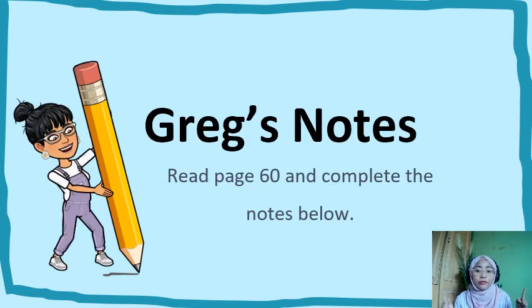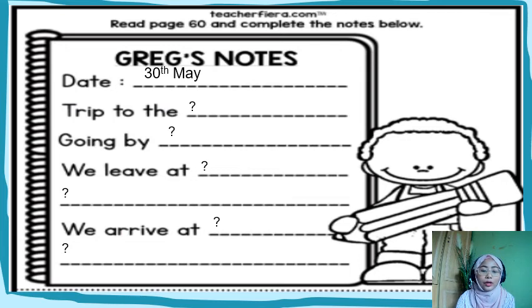Okay, now that you have learned about Greg and Mrs. Rama, I want you to complete the notes below. Are you ready? Let's look at this activity called Greg's Notes. I will send you the worksheet. Saya akan hantar kertas kerja tu kepada awak.